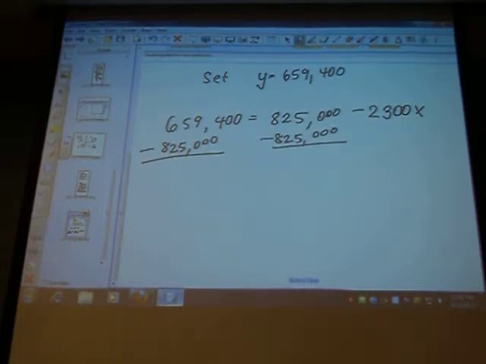But wouldn't this be called getting the inverse of the equation? Oh no, it wouldn't, because we're not switching y and x. We're just simply filling the variable with the value. So it wouldn't be an inverse. If you did find the inverse, then after you found the inverse, you'd want to plug that 659,400 in for X, because then the meaning would switch.